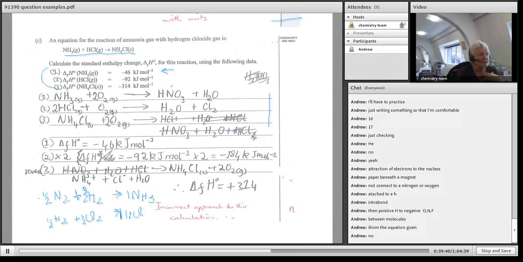If you want to make NH4Cl, the heat of formation, what would its equation be? So I've got NH4Cl. Do you want to have a go? What elements would I have?